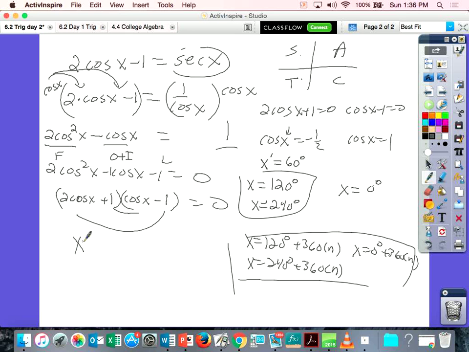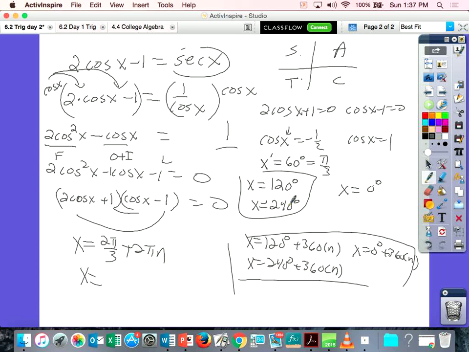If we wanted to do it in radians, we would think about the radian equivalents. Remember that 60 is pi over 3. So this angle is 2 pi over 3. It's the angle in quadrant 2. Remember, 1 less than the denominator, plus 2 pi n.